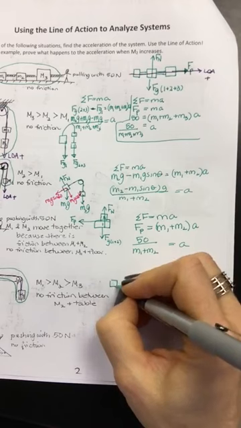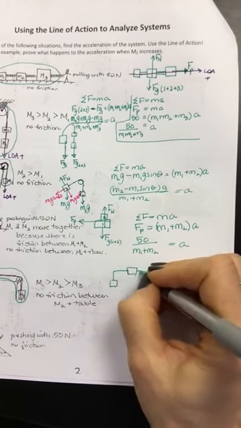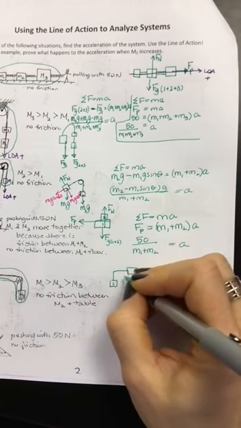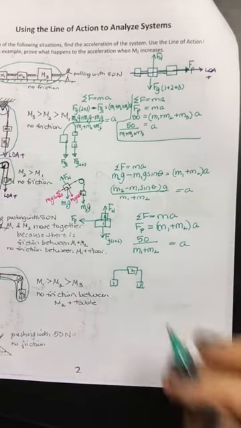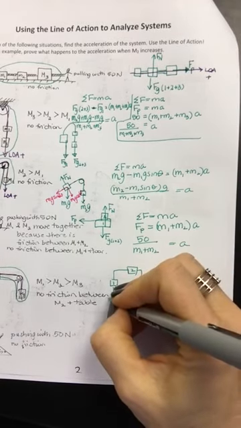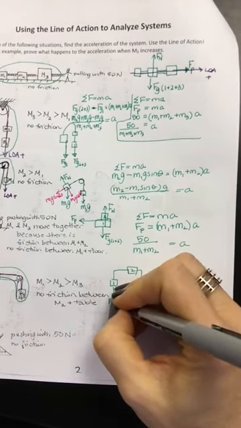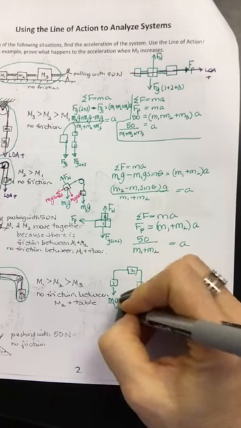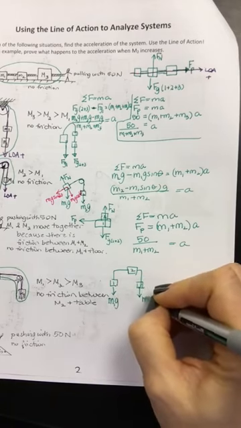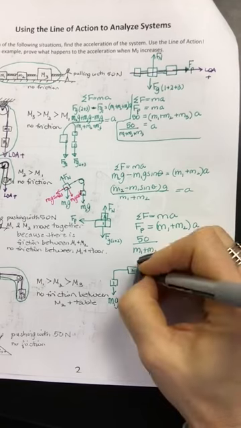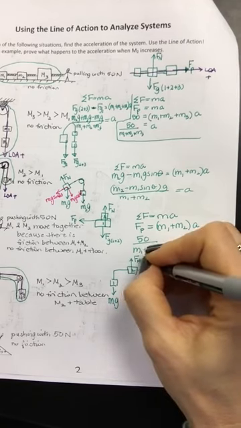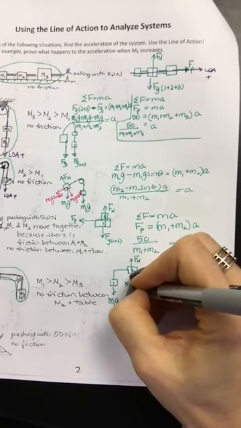So my free body diagram, 1, 2, 3. So I've got this weight, so you can call it Fg or you can call it M1g. This is M3g. There's a normal force here, and you've got M2g.